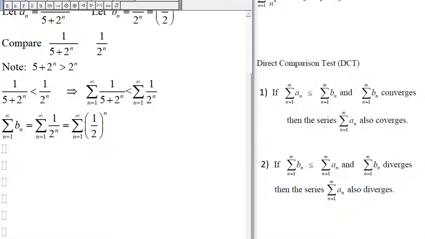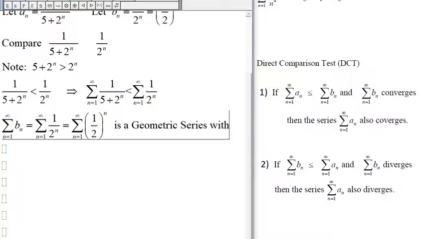This series right here is a geometric series with common ratio r equal to 1/2.